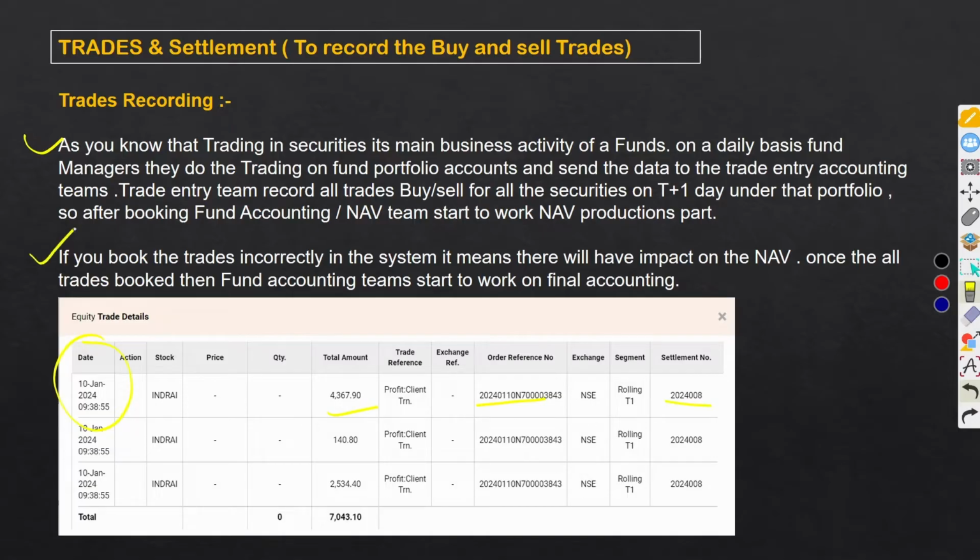And if you book the trades incorrectly in the system, it will have an impact on the NAV. Once all trades are booked, the fund accounting team starts to work on final accounting. So your trade processing activity is also important, because once you have booked all trades, the end-to-end fund accounting team or NAV team will pick up the data and recalculate NAV to verify the impact of trades and everything. All right.